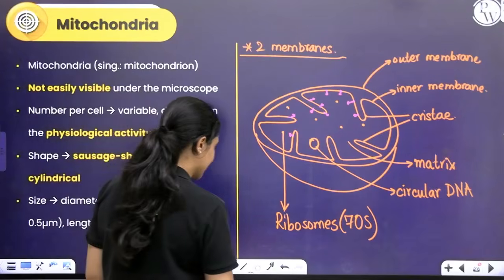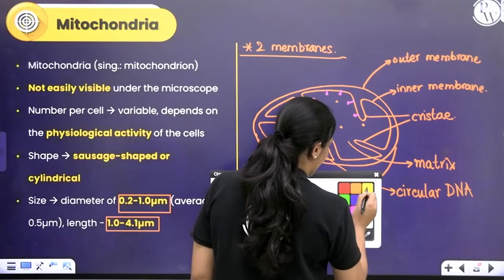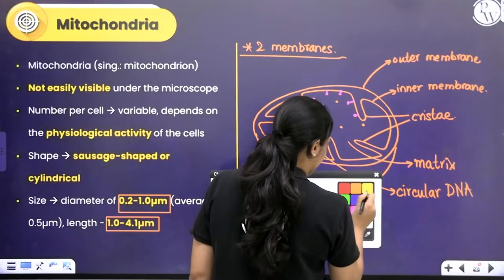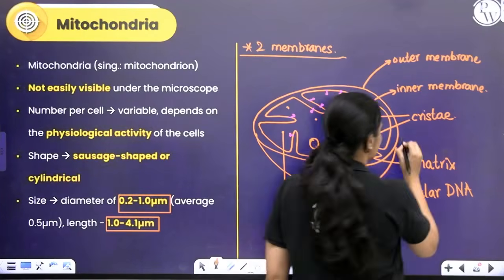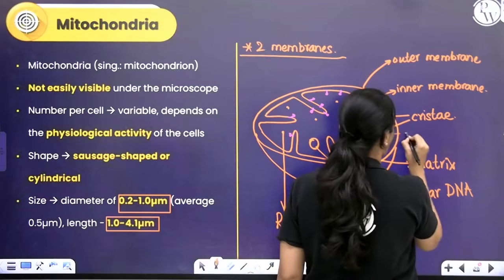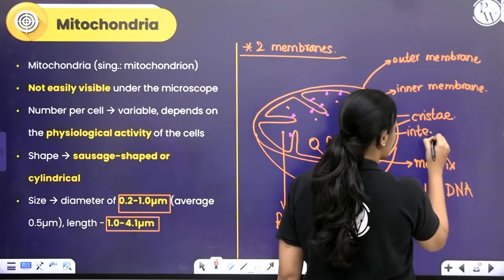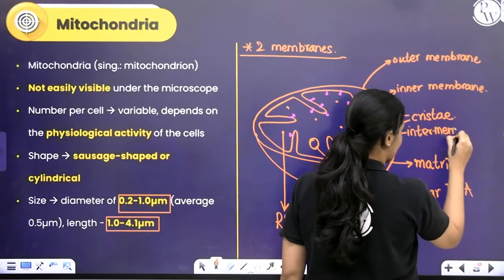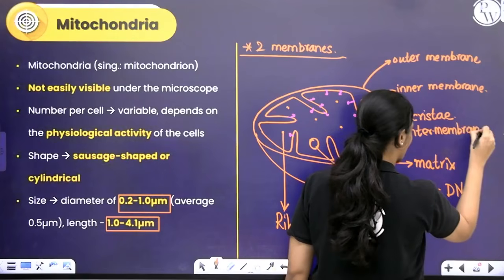The space present between the outer membrane and the inner membrane is called intermembrane space or perimitochondrial space.